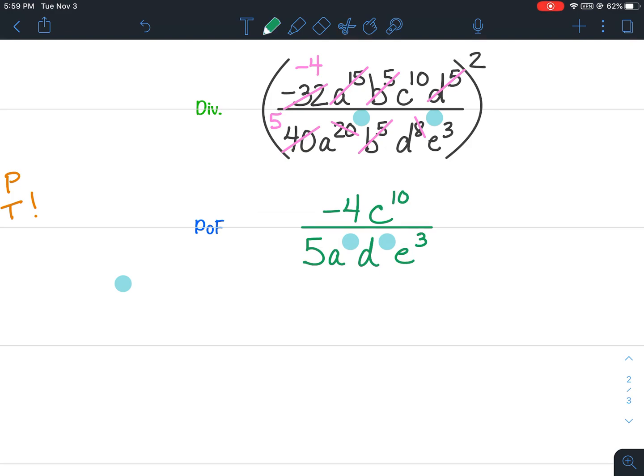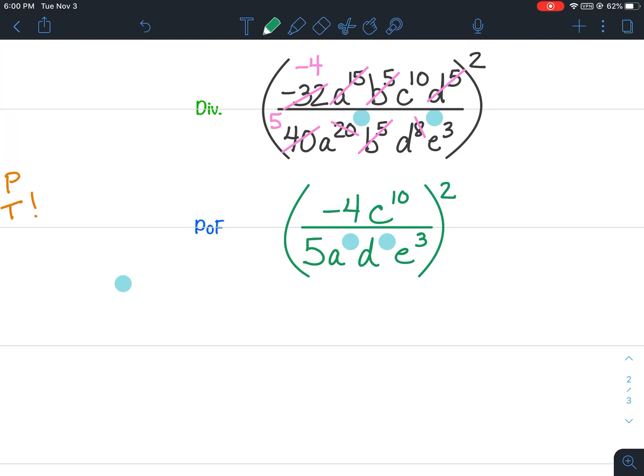And then I still have my parentheses, and I still have the exponent of 2. So I divided and I rewrote. I have negative 4, c to the 10th, in the numerator, 5, my a term, my d term, you need to determine those exponents, and then e to the 3rd.